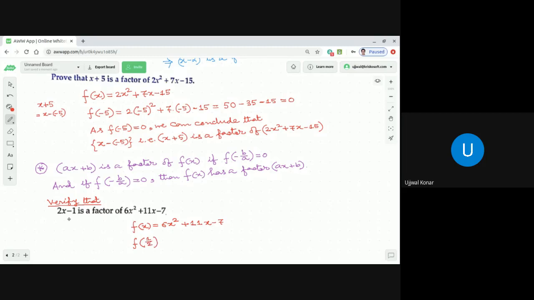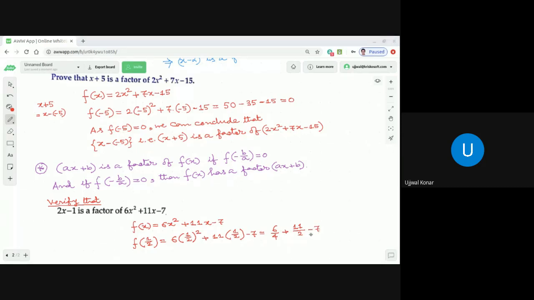Clear or not clear? Yes, sir. Because 2x minus 1 is of the form ax plus b, so f of minus b by a means f of 1 by 2. So we find 6 times 1 by 2 whole squared plus 11 into 1 by 2 minus 7, that is equal to 6 into 1 by 4, that is 6 by 4, plus 11 by 2 minus 7.